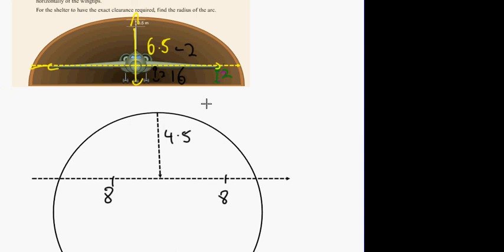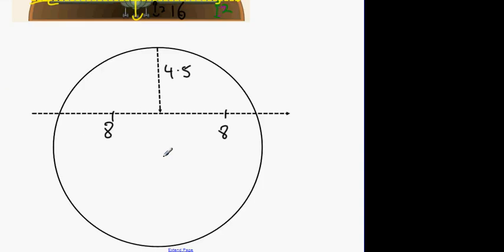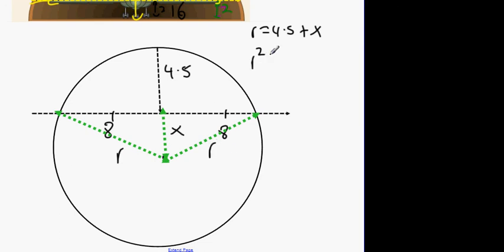All right. So what I have to do next is, we know that the center of the circle is underneath this. So once again, we're going to go back to the same trick we've done X amount of times now. We're going to call this x. The radius is 4.5 plus x. Radius squared equals 8 squared plus x squared.